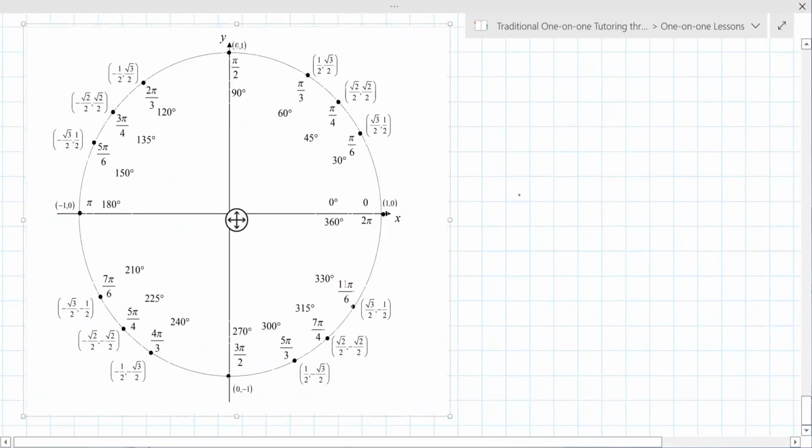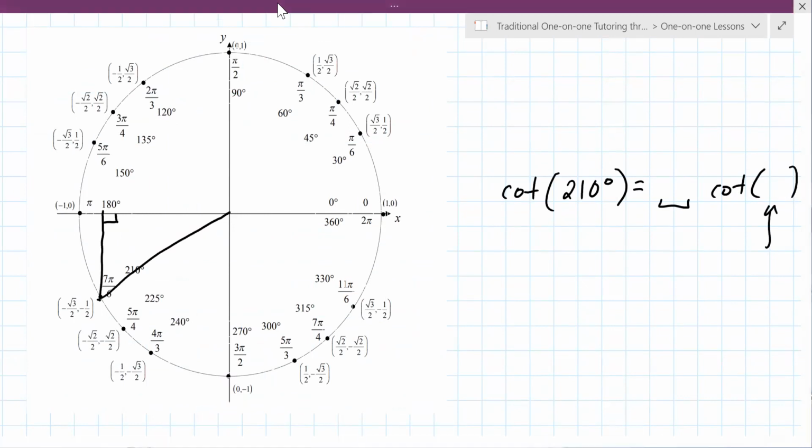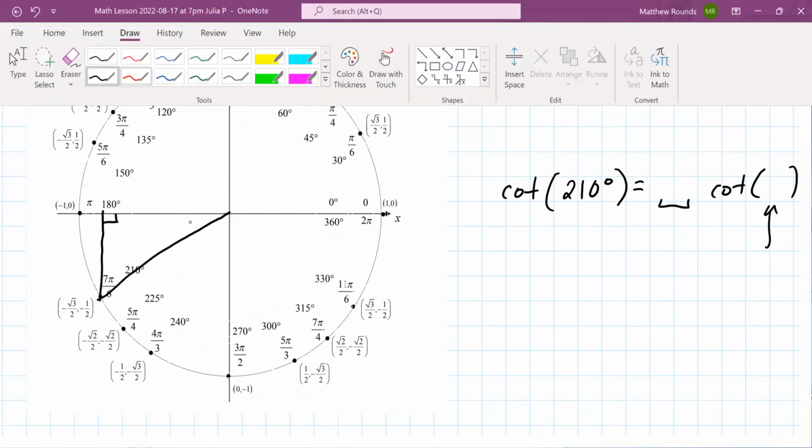So let's do the cotangent of 210 degrees. So again, it's cotangent plus or minus, but we've got to figure out the angle there. And there's 210 degrees, and we want this angle right here.